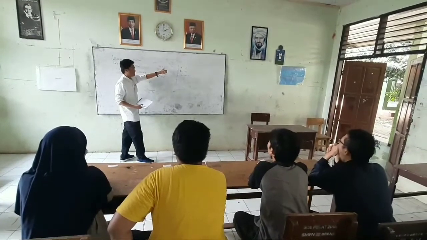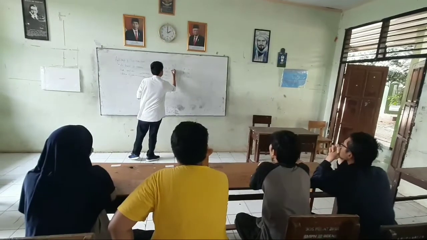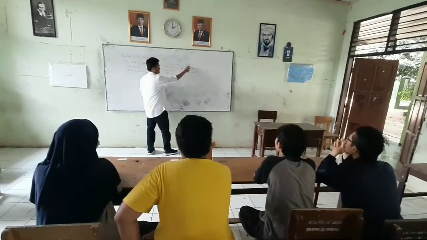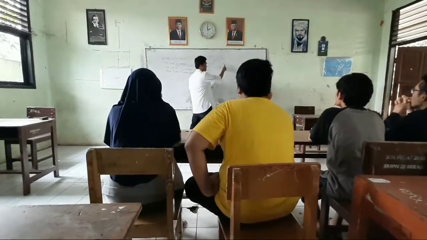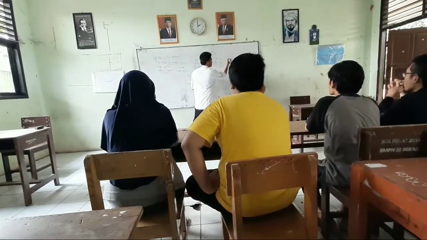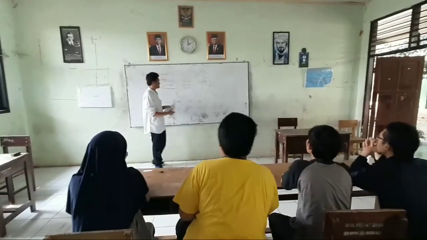So A plus A is 2A. And this one is A minus A, like 1 minus 1, which equals 0. So A minus A equals 0.